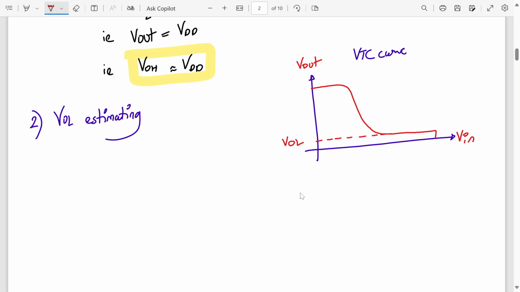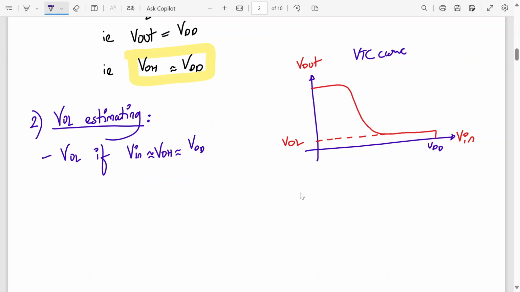So to calculate VOL, if you see carefully in this graph, we have to calculate the value of VOL, which is non-zero. To calculate VOL, we assume that input is very high. Okay, because VOL, as you can see, is possible when the input is a very high value, almost equal to VDD. So we can calculate VOL if input is almost equal to VOH, almost equal to VDD.